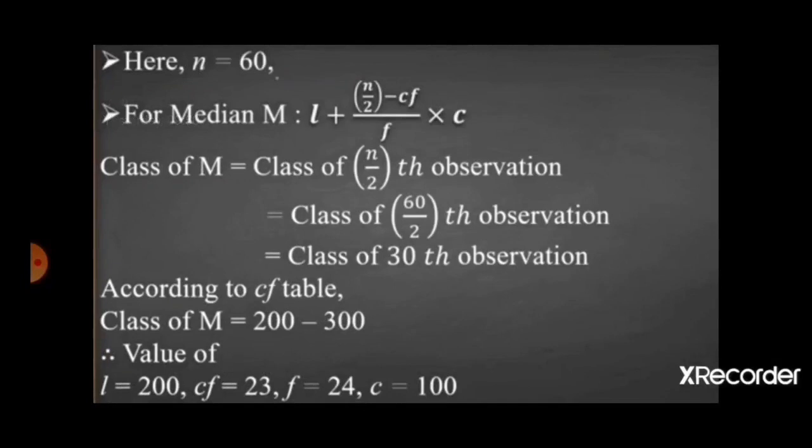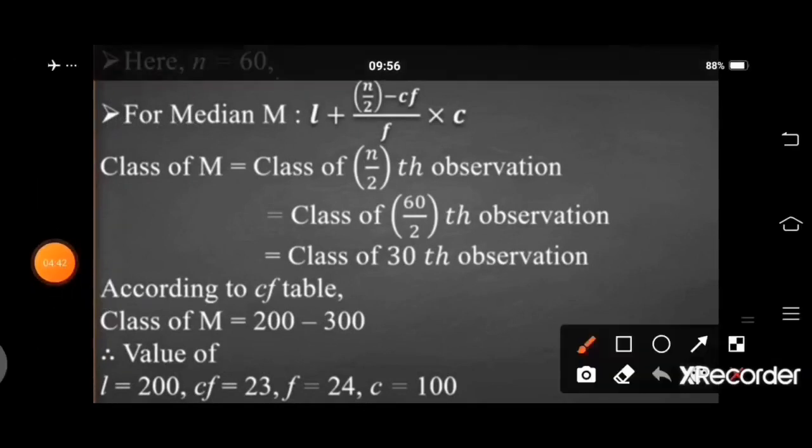Now we have to find the median. For finding the median, first we will find n upon 2 observation. N equal to 60 here, so we will find the 30th observation.